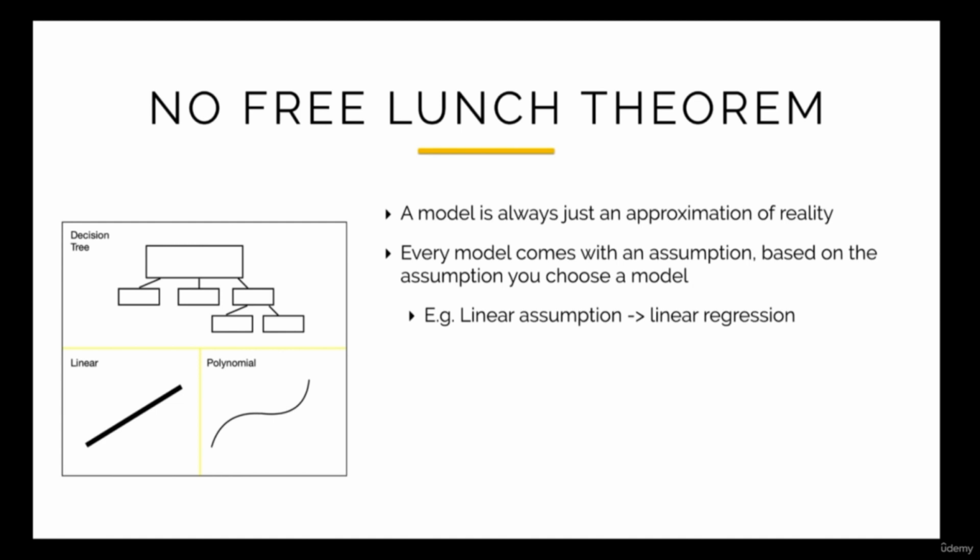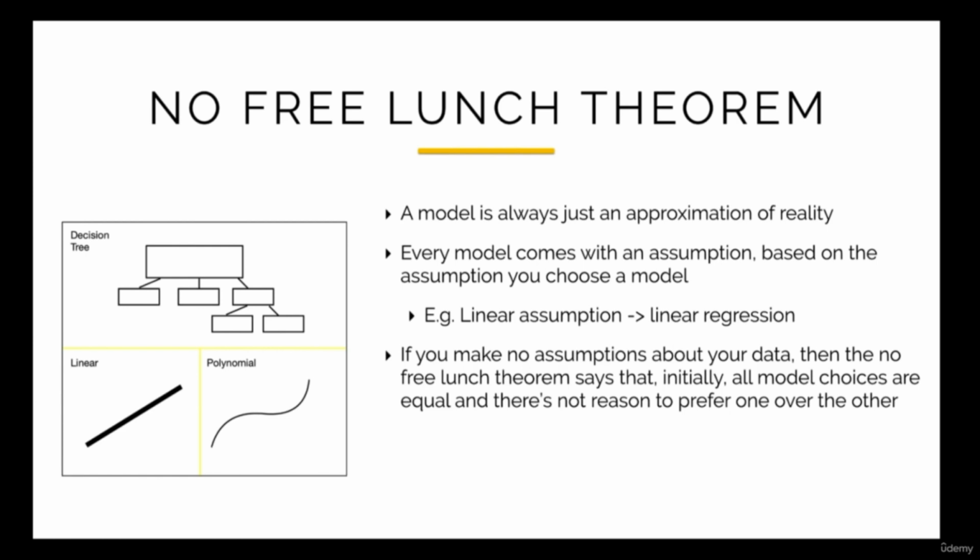For example, if you assume that your data is linear, you may want to choose linear regression. If you assume that your data is more complicated, you may want to choose polynomial regression or decision trees, or you may even want to go down the route of neural networks, depending on how much complexity you want to add.